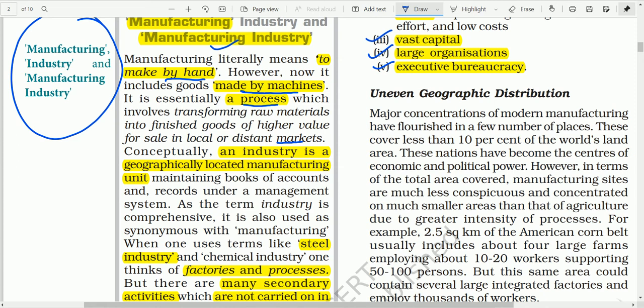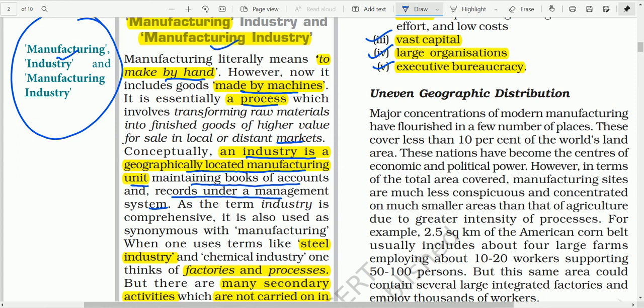Whereas an industry is a geographically located manufacturing unit, maintaining books, accounts, and records under a management system. So it refers to the structure, the factory where books and accounts are maintained and workers work there. So it has a management system.